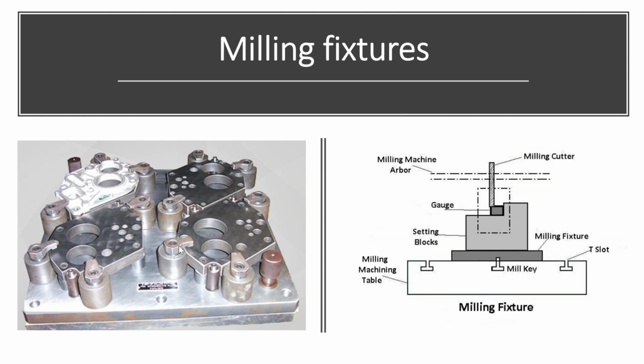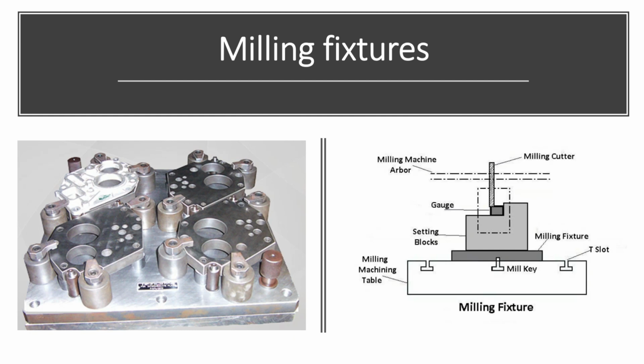Fixtures employed on the milling machine are of various types. Depending on the workpiece, various kinds of locating and clamping devices are used. Mostly a plate and locating and clamping devices, as shown in the left figure, are generally employed on the milling fixture. These fixtures are used on milling machines for carrying out different milling operations.